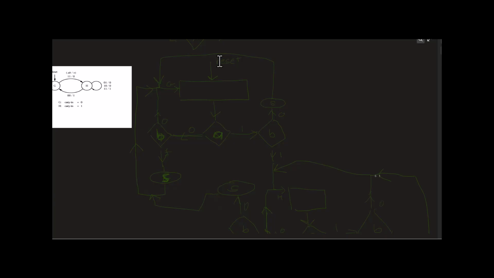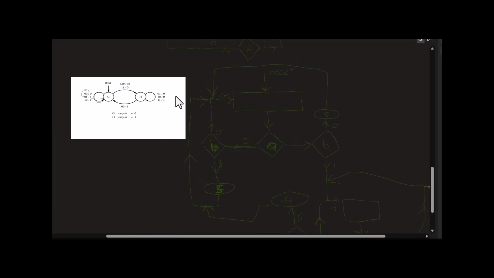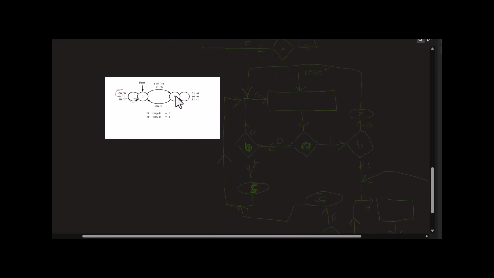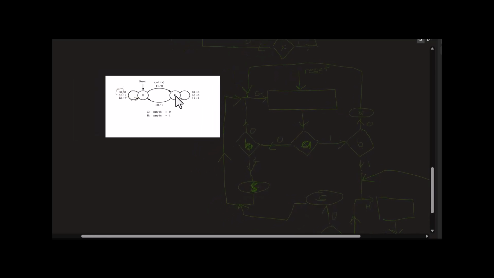Any questions? What is the carry-in 0 and 1? Like, we didn't use that, I don't think. She usually does not do this particular example. This is an example of something called a serial adder. It's a finite machine that does something, but she usually doesn't do that, so you don't need to worry about what this is saying.